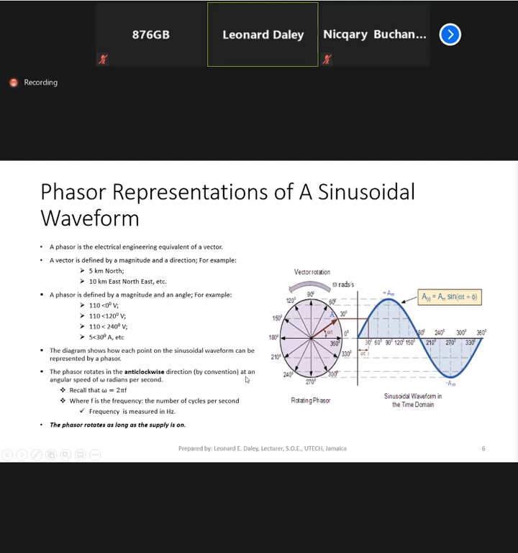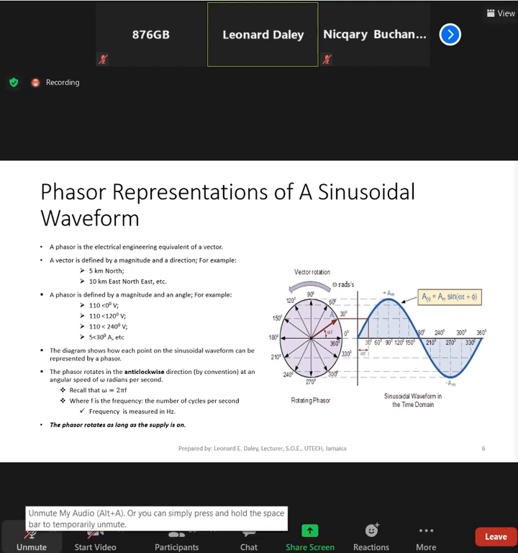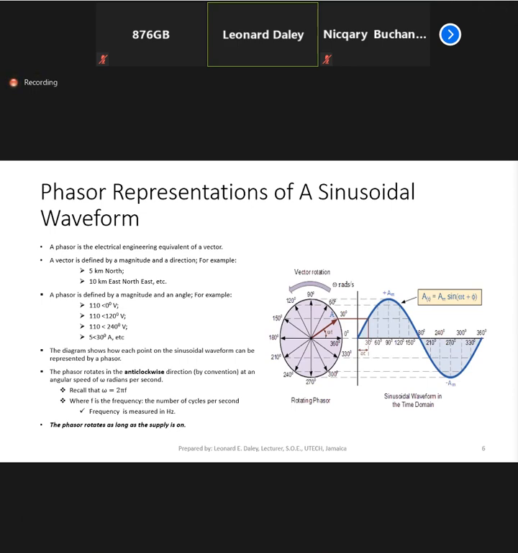When you get to do power systems, you will learn about positive sequence, negative sequence, and zero sequence. We are just operating in the positive sequence. So for this module our phasors are rotating in the anticlockwise direction, and we measure them in that direction.